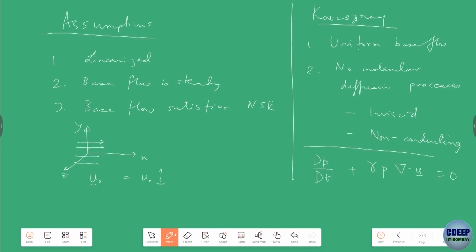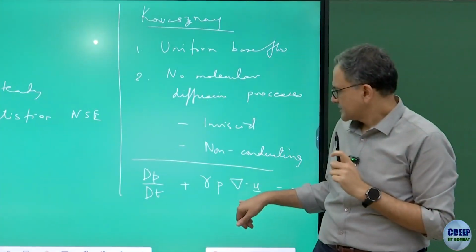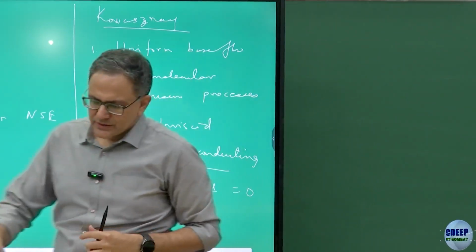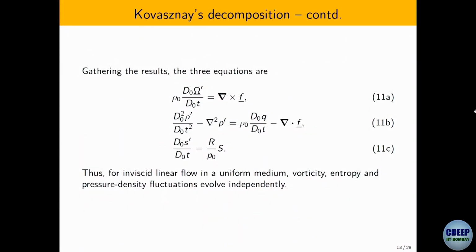So what were the assumptions for this? I didn't ask you that, but what do you think the assumptions are, looking at it? Remember, isentropic is not required by Kovásznay.